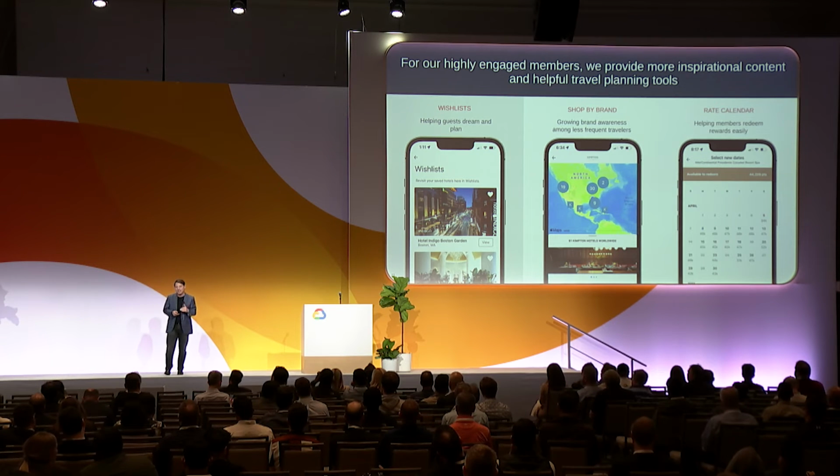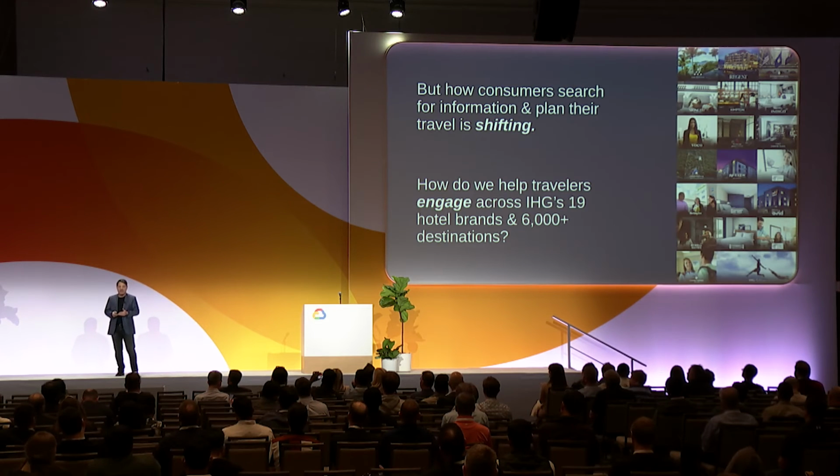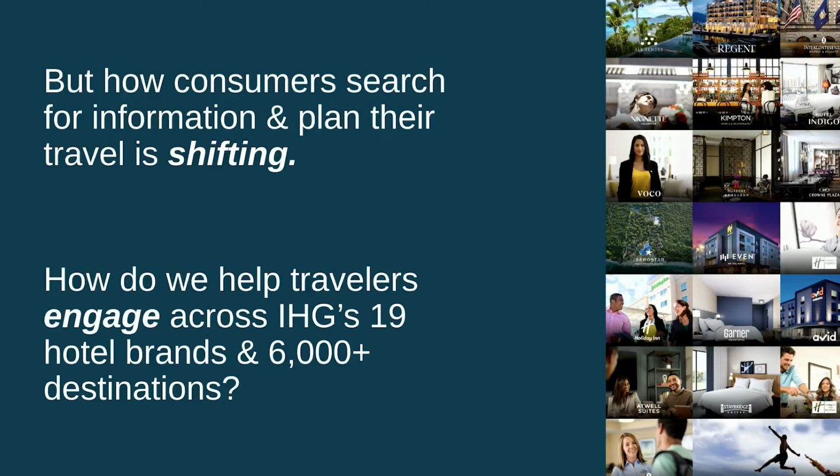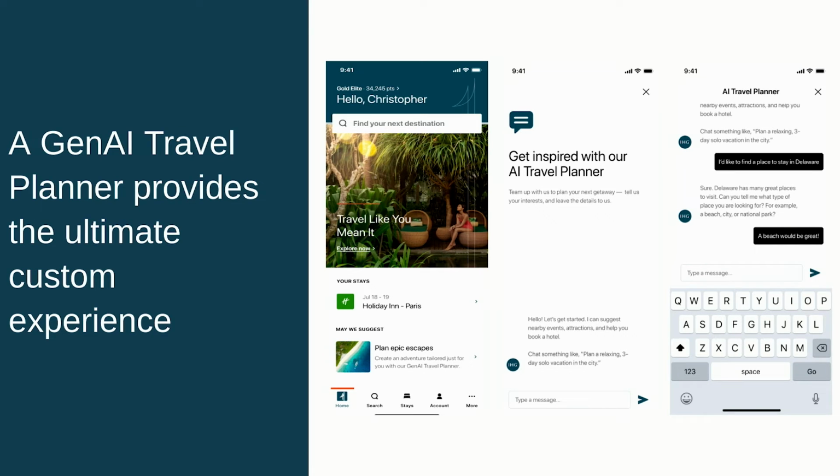These features are sticky and engaging, but they don't get to the heart of what's changed because people are shifting. They really want to be inspired with travel. And so the question we were answering was, how do we engage people? How do we really start to become part of the dreaming phase, not just the phase when they already know what they want to do or where they want to go? So that's what led us to a Gen AI travel planner.